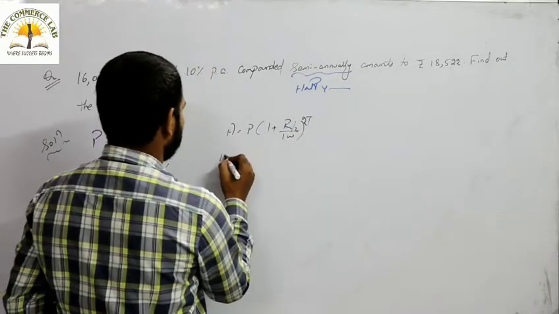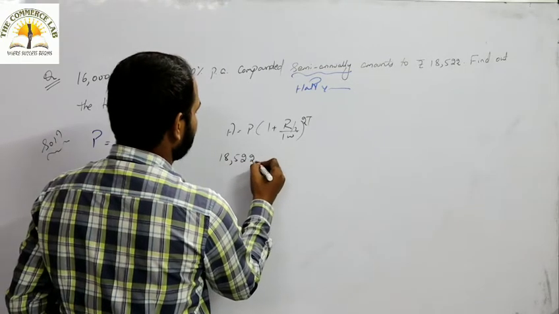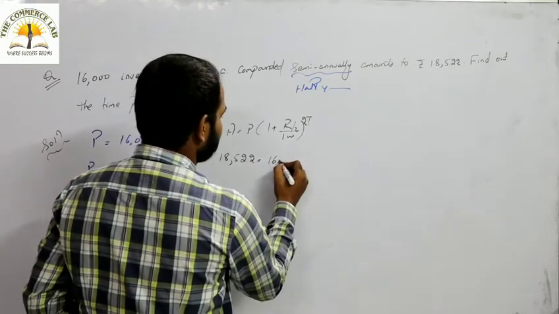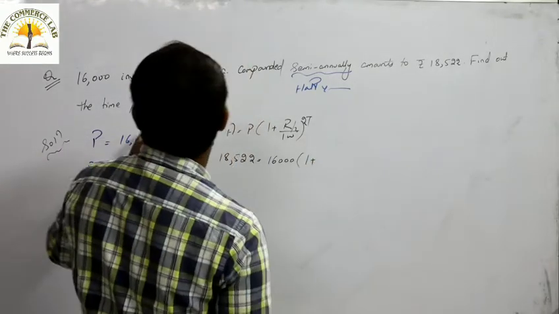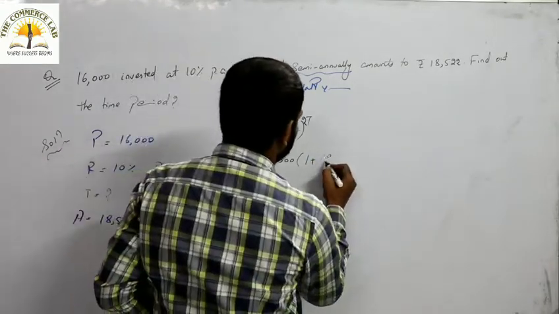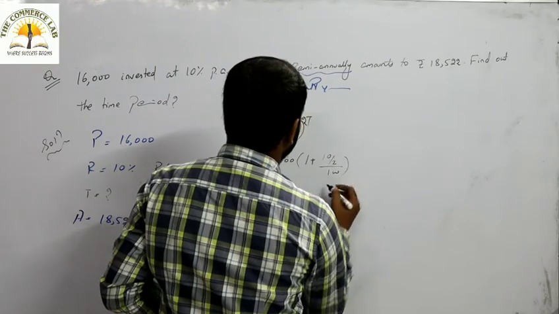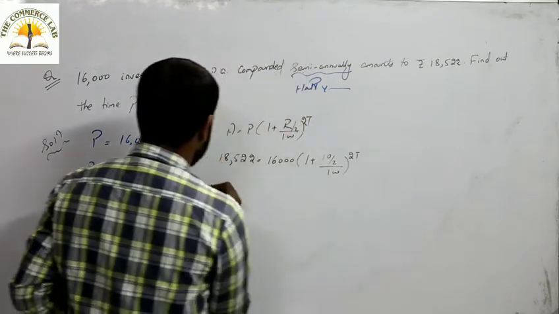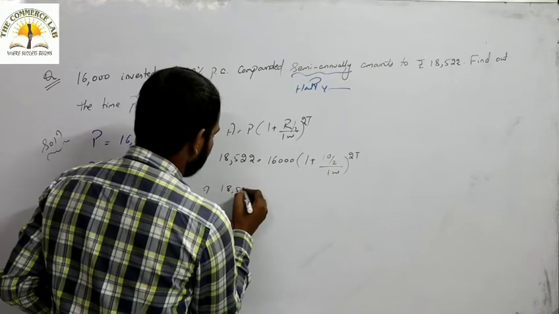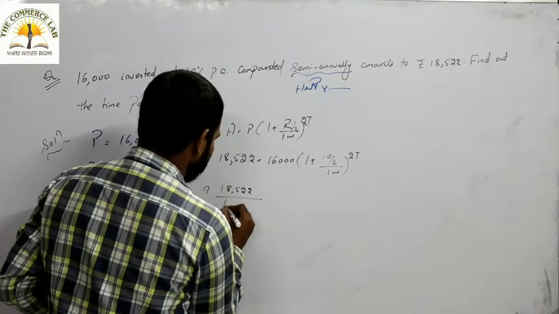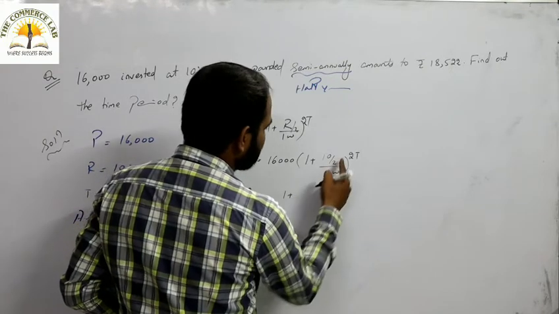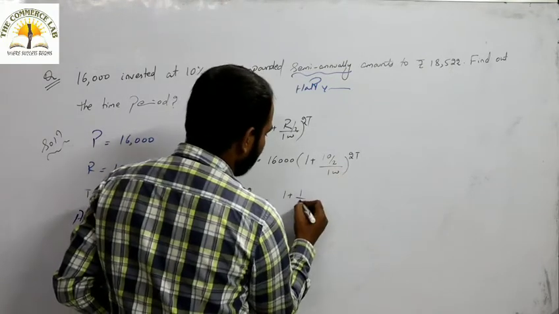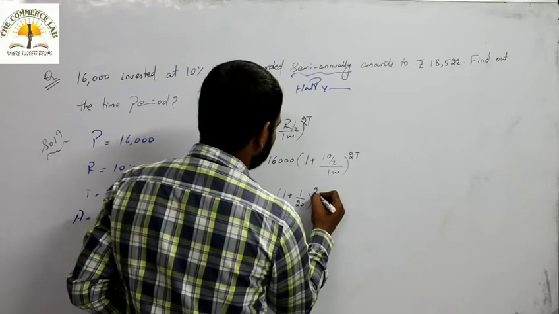So amount A equal to 18,522 is equal to 16,000 into 1 plus, here R is 10 by 2 by 100, to the power 2T. 18,522 by 16,000 is equal to 1 plus 10 by 200, which is 1 by 20.